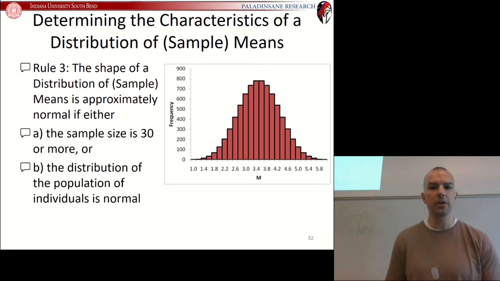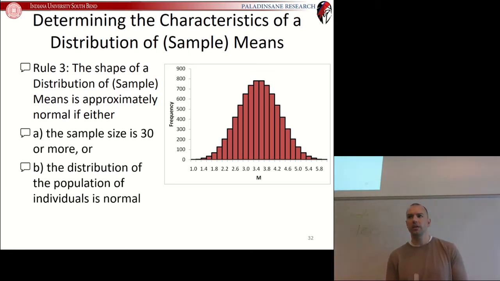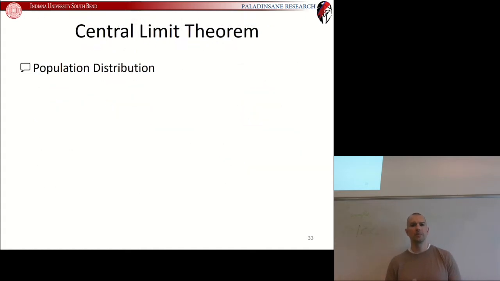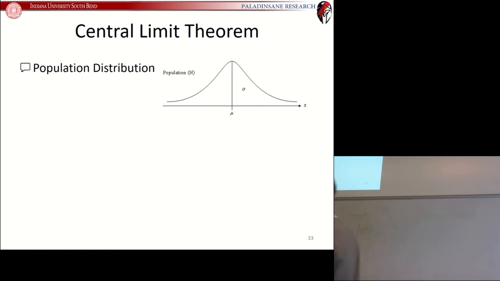All right, so any questions on determining the characteristics of your distribution of sample means? All right, so one more time, remember we are dealing with 3 separate and distinct distributions. We have our population distribution, our distribution of individuals living in their own apartment buildings. This distribution right here of individuals.